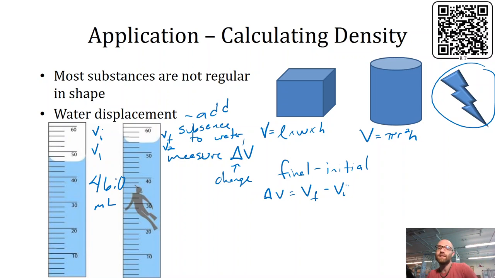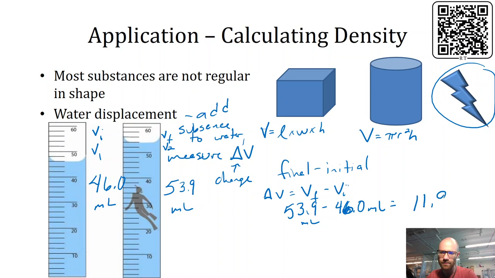Your estimated next digit is definitely cool to be 0. And then this one up here looks like it's just shy of 54. It looks like 53.9. So milliliters. So that would be 53.9 milliliters minus 46. And that would be equal to almost 12. And we go from there.